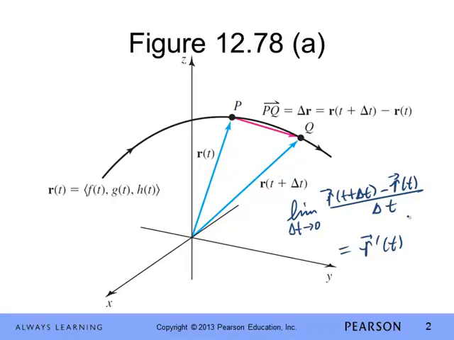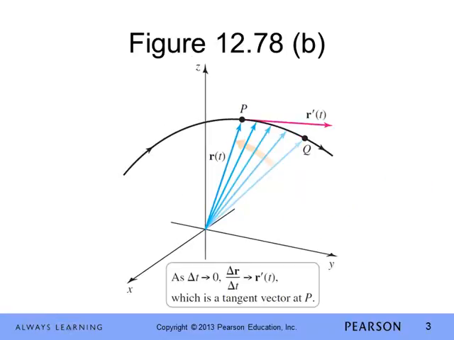So same interpretation as we saw from Calculus 1. So here, this kind of demonstrates that idea of taking delta t as it approaches 0, so that we get r prime of t, this tangential vector.